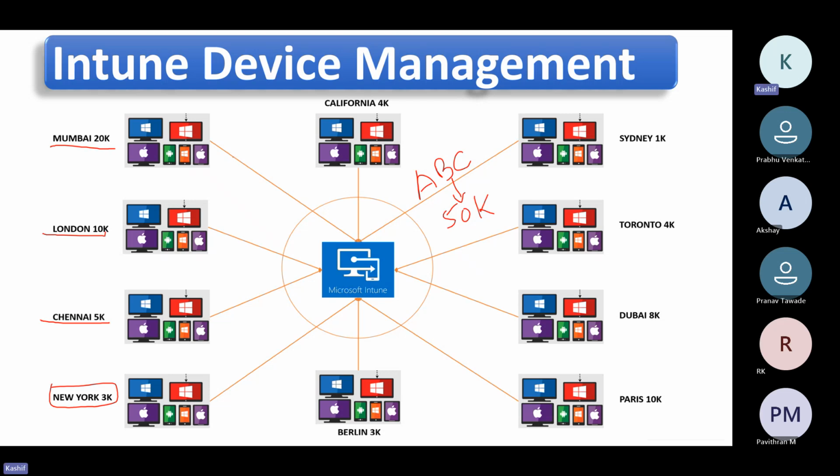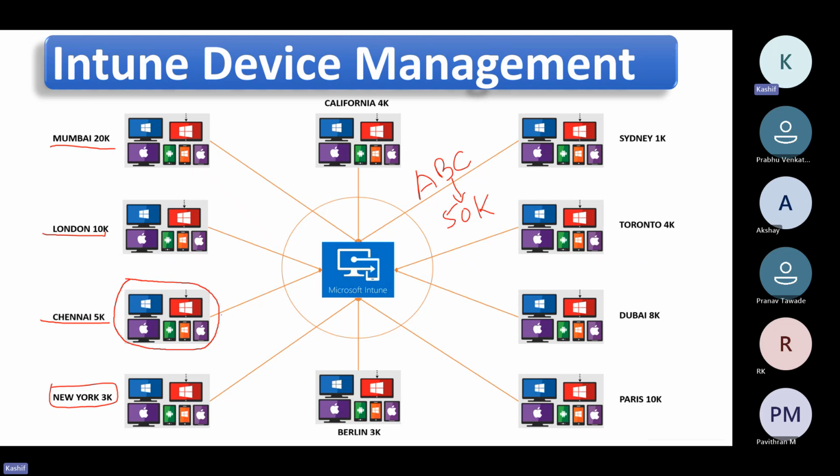So people are using either their Windows 10, Windows 11 laptops or computers, or they are using their mobile phones to access company resources, right? They are using either Windows devices or MacBook or Android or iPhone to access company resources.